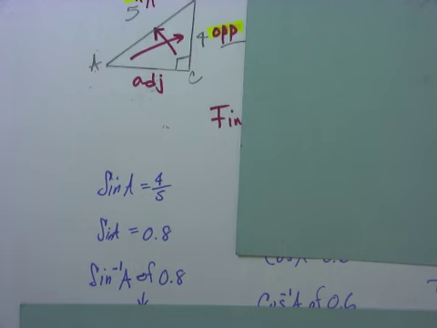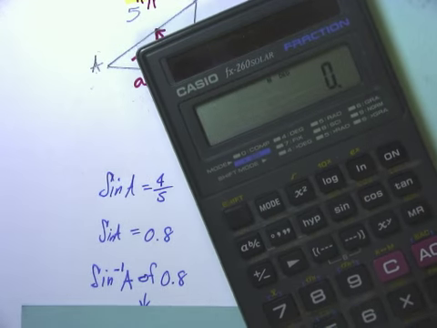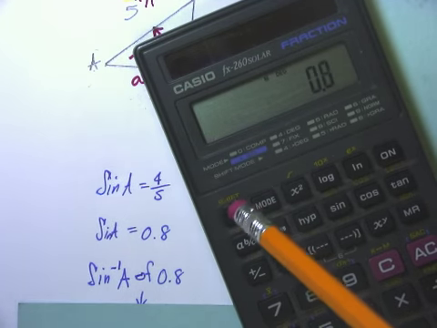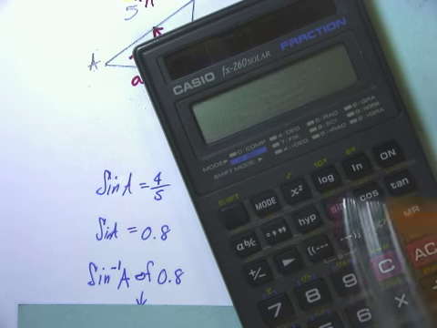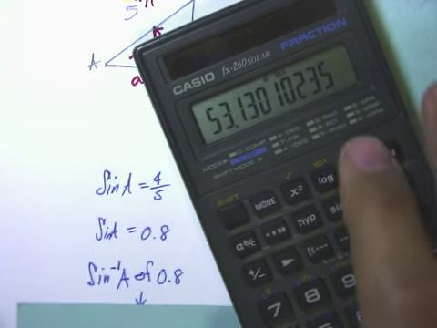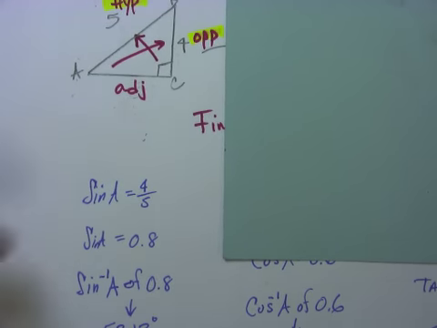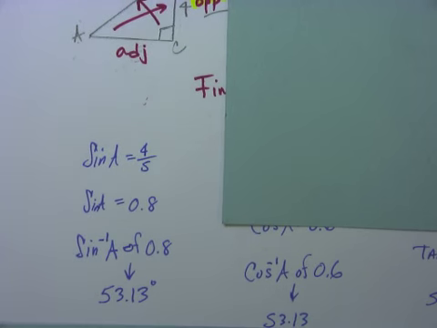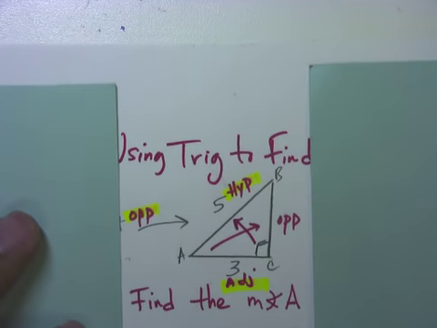So the inverse function of 0.8, I put that in my calculator: I type 0.8, hit the shift button, and then the sine button so I can get the inverse of the sine. That gives me 53.13. So the measure of angle A is 53.13 degrees.